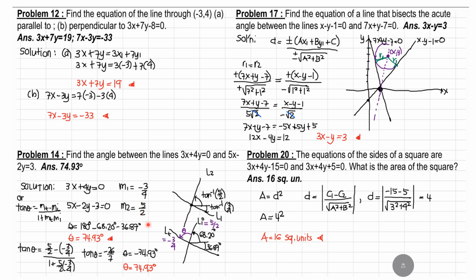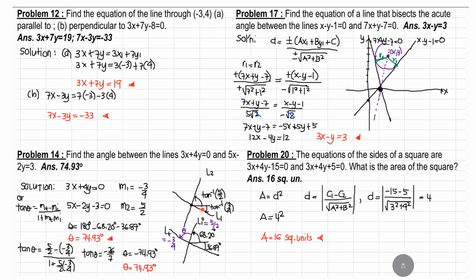Without memorizing the formula, we can determine the acute angle between the two lines. It should be the acute angle if not specified. So this is line 2 and this is line 1. The angle here is negative inverse tangent of 3/4, while the angle here is inverse tangent of 5/2. 3/4 is the slope of line 1 and 5/2 the slope of line 2.